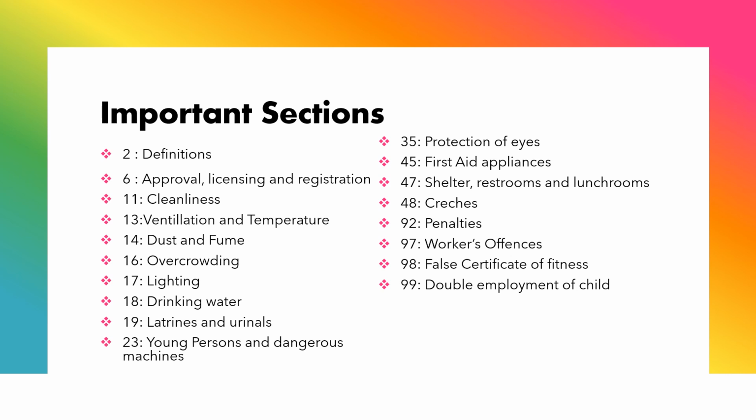So the child cannot work in a factory for the prescribed number of hours and then go to another factory and work for the same number of hours. That is not allowed. In how many factories he or she works is immaterial. The total working hours in a day is prescribed as a fixed number of hours. How many hours it is and what the conditions are will all be discussed in the respective detailed topics.